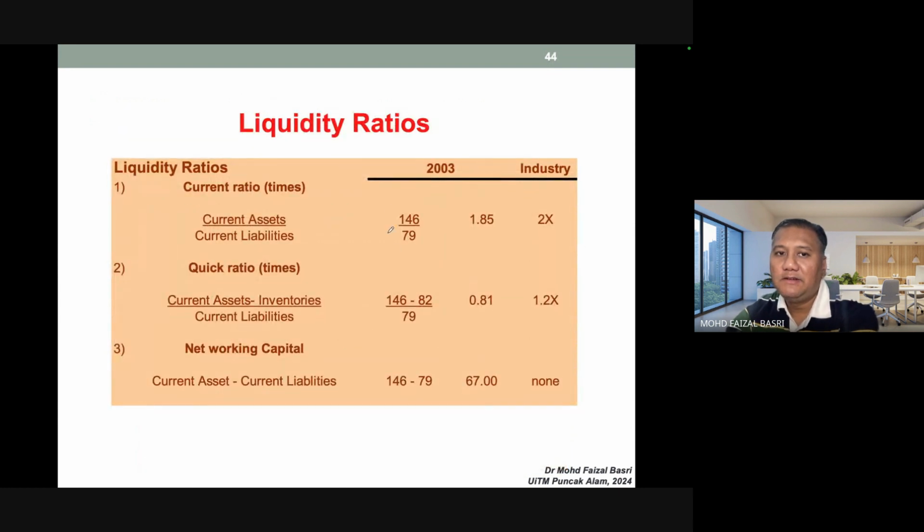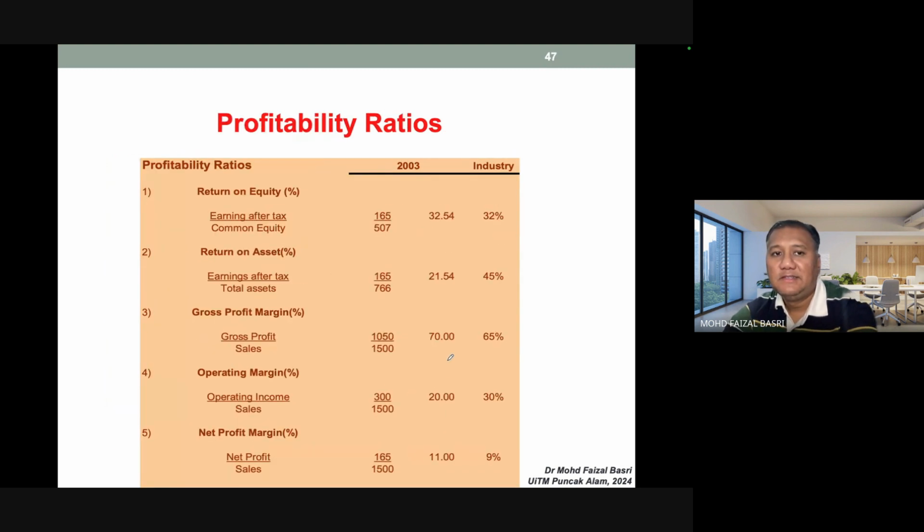So nak calculate current ratio, dia dah kirakan lah 146 dengan 79, and then dia bagi jawapan. Then compare dengan industry average, which one is better. Okay, dalam case ni industry is better lah, sebab current ratio lagi tinggi lagi bagus kan. So for this company, dia less performing as compared to the industry. So then you compare lah the rest. Okay, sama juga market ratio tak available.